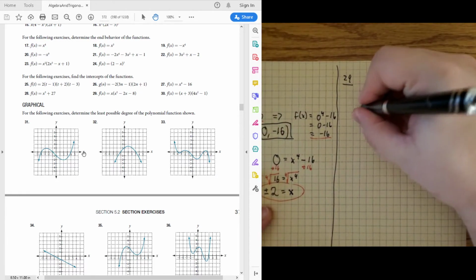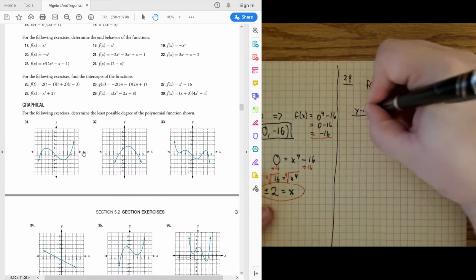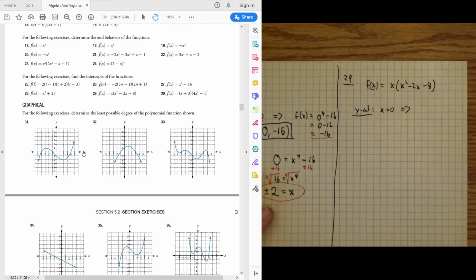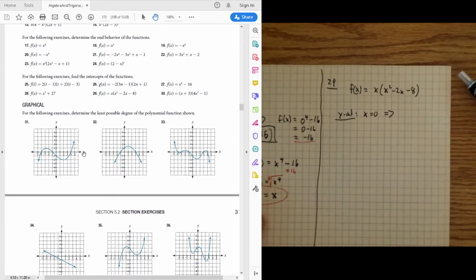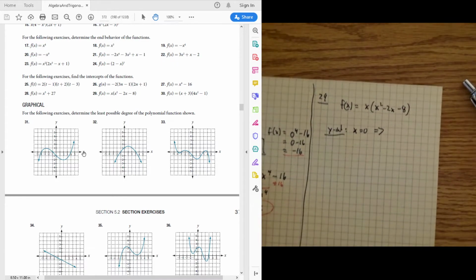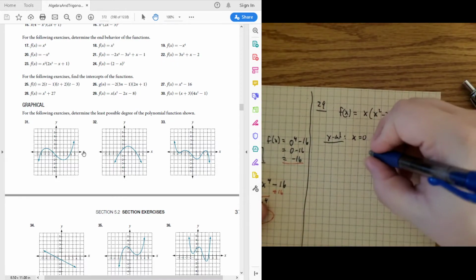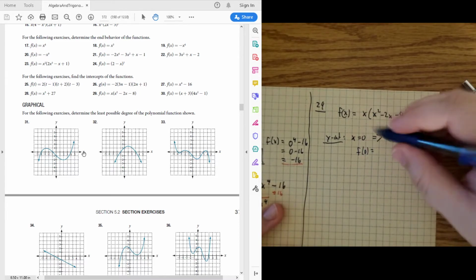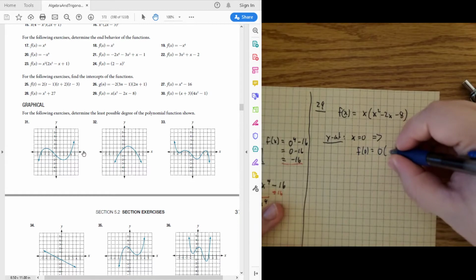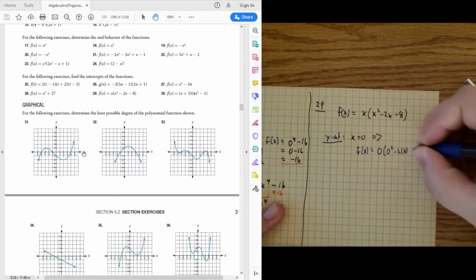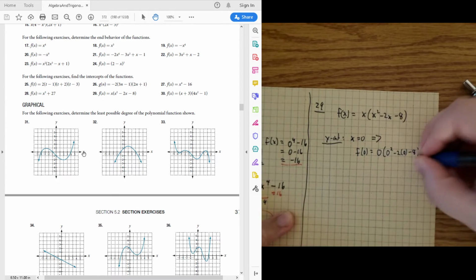To find the y-intercept, all I do is I let x equal 0 and then see what happens. Okay. So if I let x equal 0, what that means is everywhere there used to be an x, I'm going to replace it with 0. So 0 times 0 squared minus 2 times 0 minus 8.